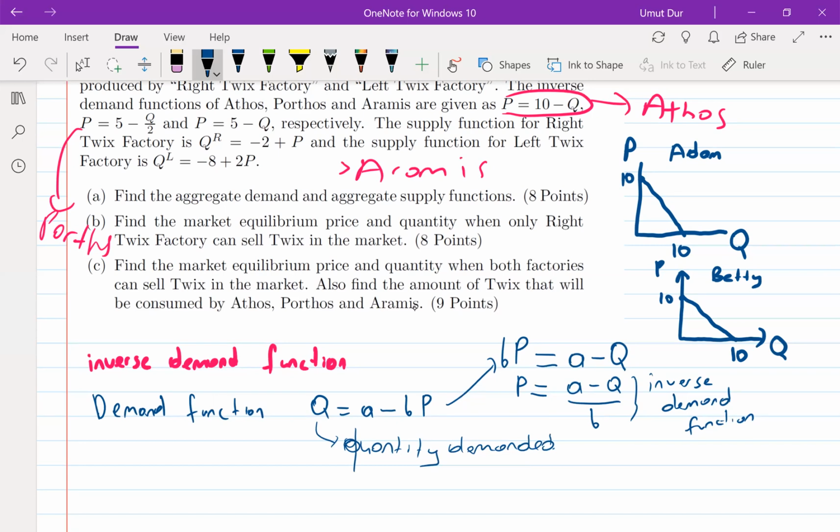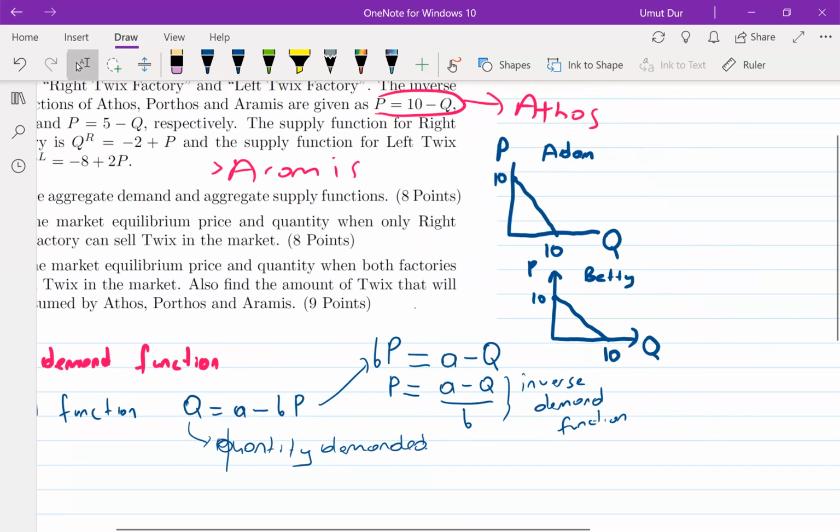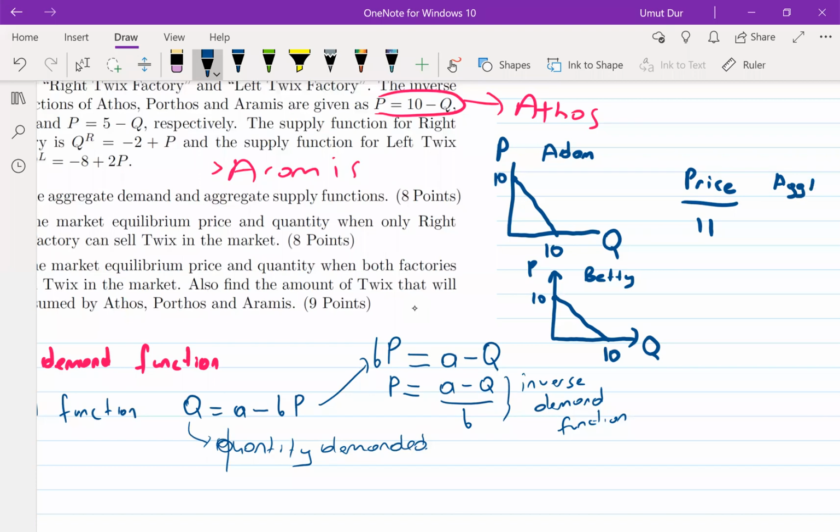Which means that when the price is greater than 10, none of them is demanding anything, and when the price is 0, they will demand at most 10 units of the good. So in order to aggregate their demand, what we are asking is, if the price was 11, what will be their aggregate demand?